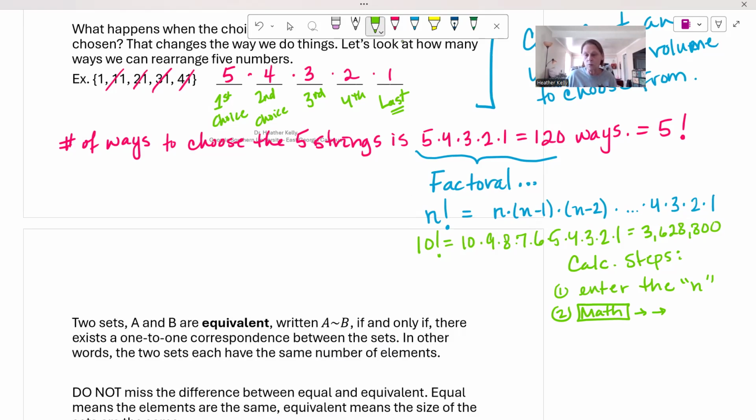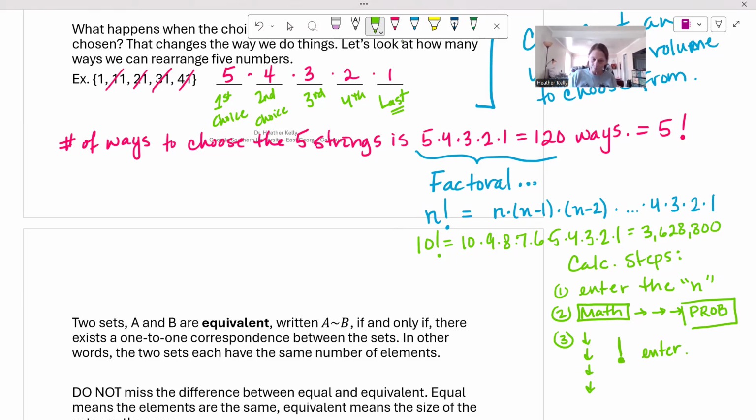So that's 1, 2, that's the third arrow over to PROB. And enter, and then you're going to go down to 4, the factorial, enter. You might have to enter twice, and that'll give you your answer.